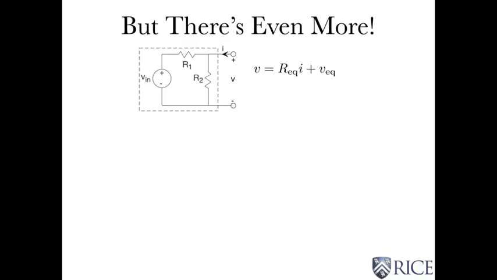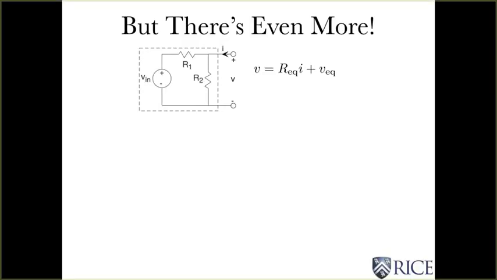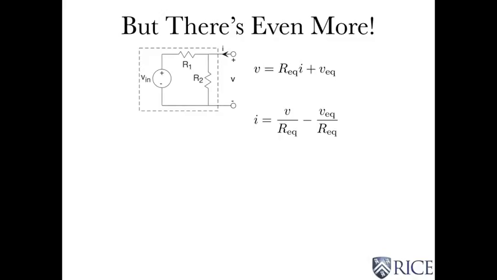So here's our simple little circuit that we've been talking about, and here's the Thevenin equivalent relationship for it. I'm going to turn that equation around. I'm going to write this as I equals something, and I'm going to call that last term IEQ.